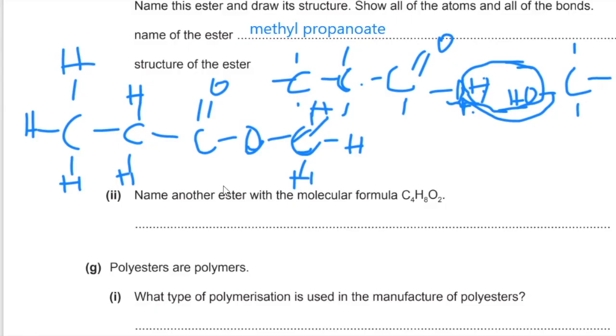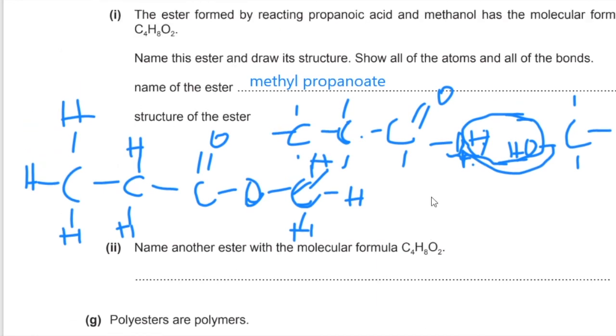Name another ester with the molecular formula C4H8O2. So this can be any ester with a total of 4 carbon atoms. So this could be methanol reacting with propanoic acid, and then ethanoic acid reacting with ethanol, and then propanol reacting with methanoic acid.